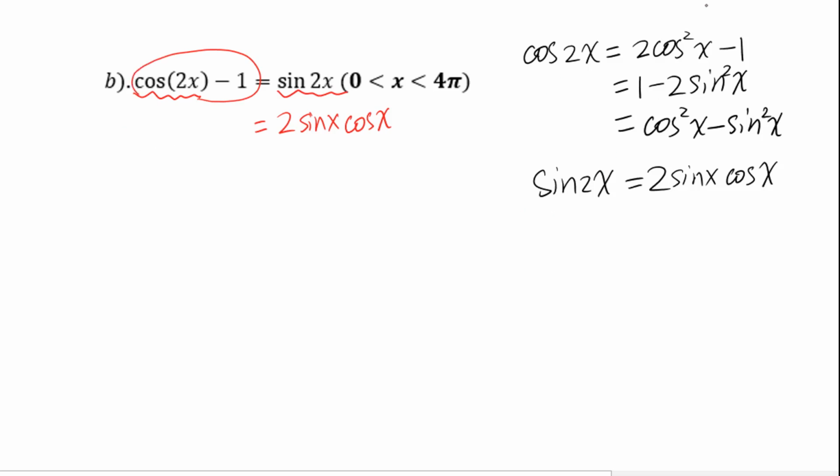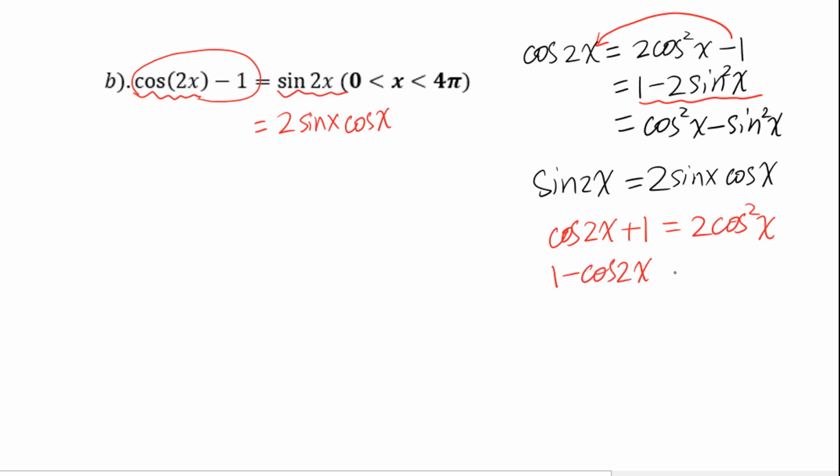From the first formula, we have cosine 2x plus 1 equals 2 cosine square x. From the second formula, we can get 1 minus cosine 2x equals 2 sine square x.